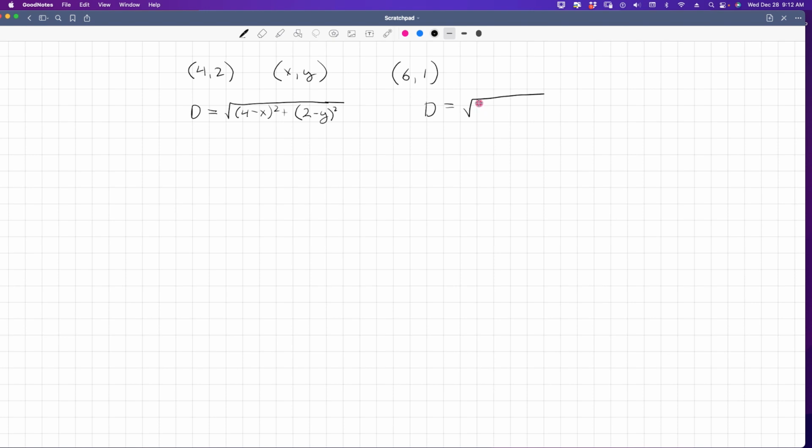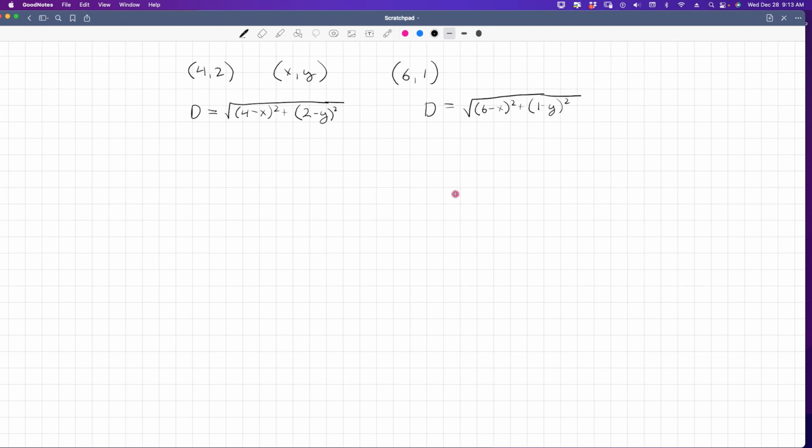That's going to be (6 minus x) squared plus (1 minus y) squared. So the distance from this point to this point is written as this, and the distance from this point to this point is written as this.